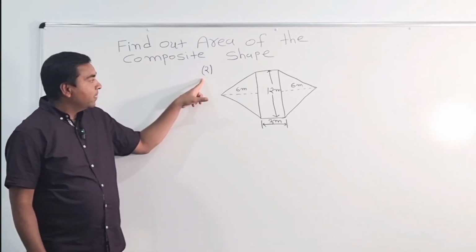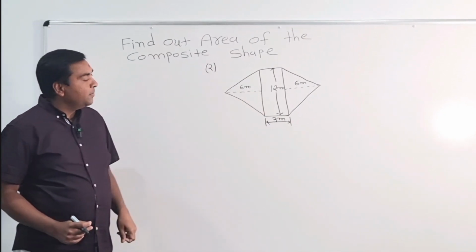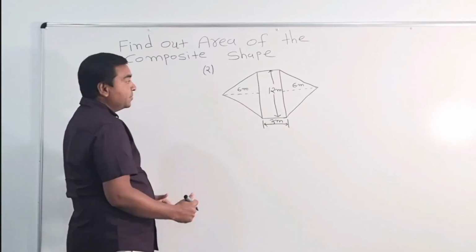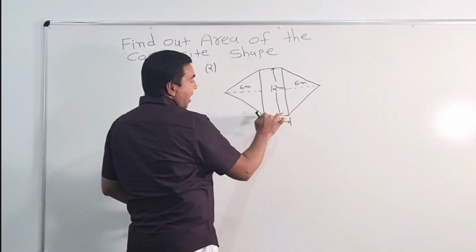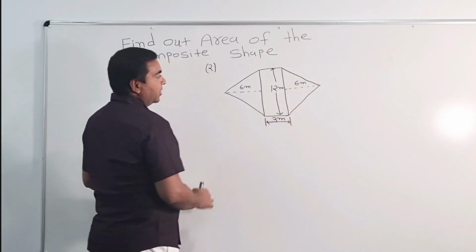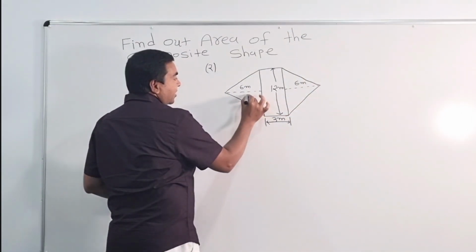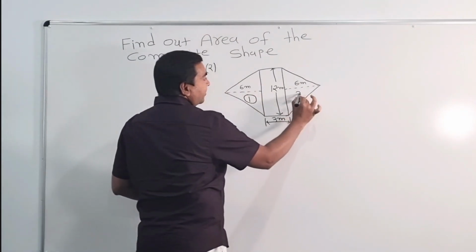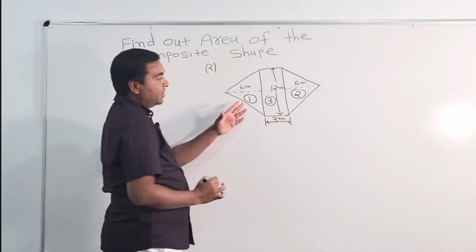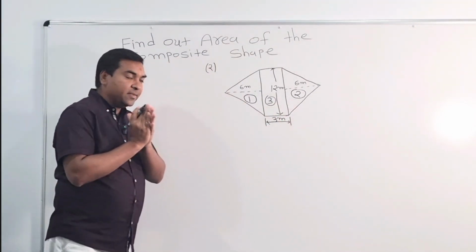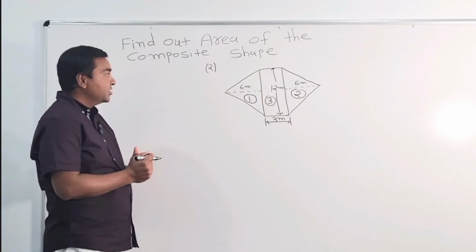Question number 2. Here we want to find the area of this composite shape, and this composite shape is made up of 2 identical triangles and 1 rectangle in the middle. So we're going to find the area of this triangle, this triangle, and this rectangle, and then add everything together, and that is going to be the total area of this composite shape.